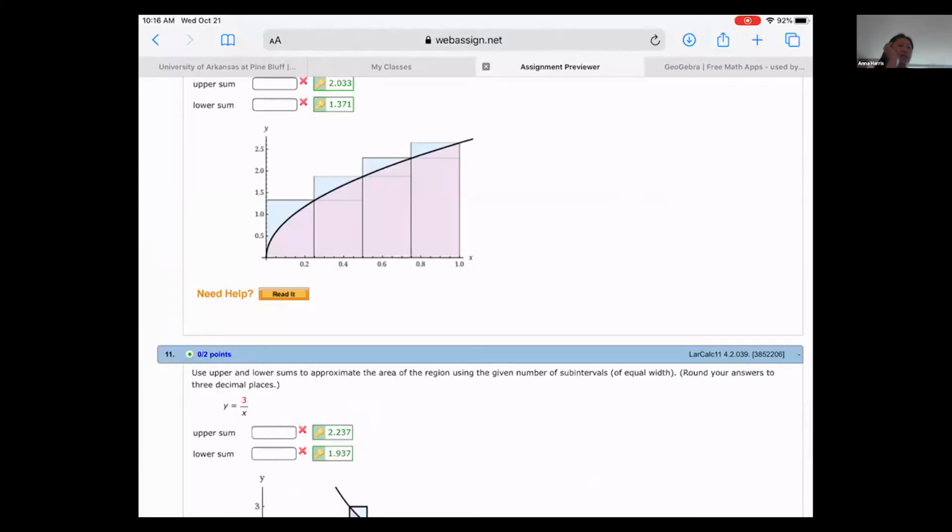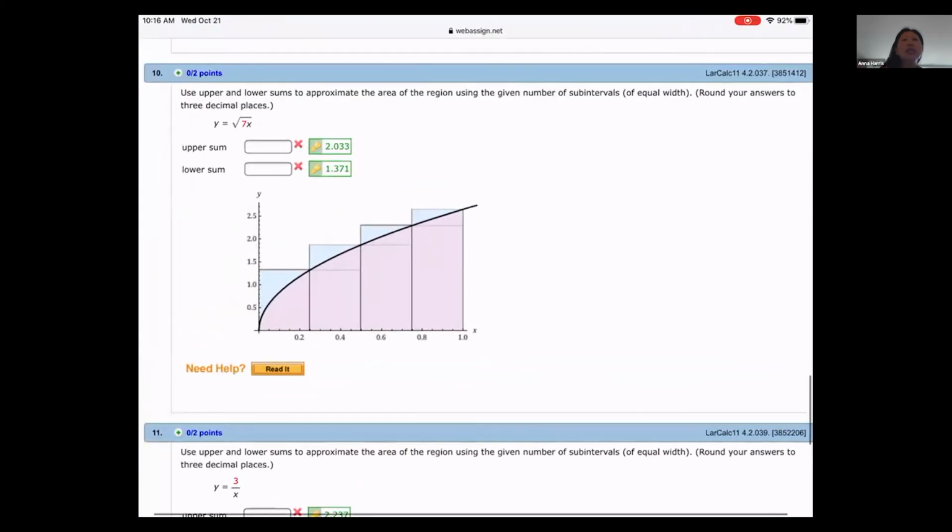This one is 4.2 number 10. I am very glad you asked me this problem. This is the picture that you have. Are you with me? I do not want to do this problem by hand because it takes too long.